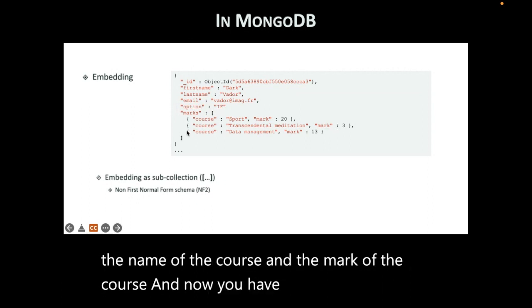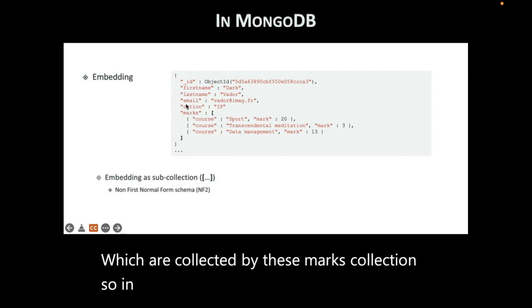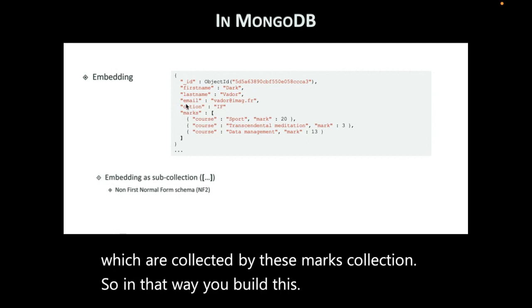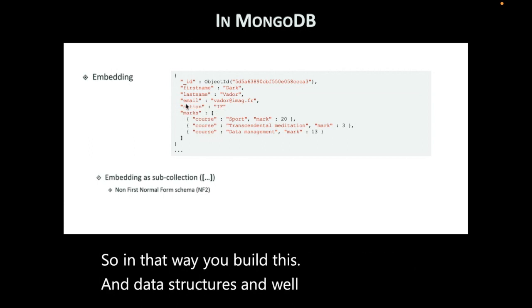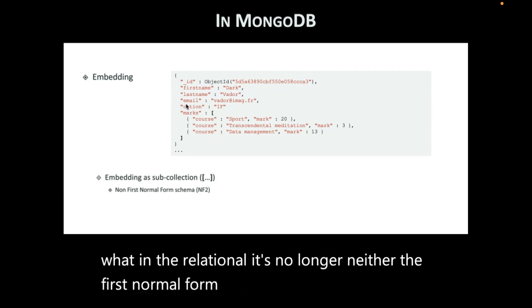And now you have these little documents which are collected by this marks collection. So in that way, you build these data structures. And well, if we refer to what you know in the relational, it's neither the first normal form nor the second normal form.